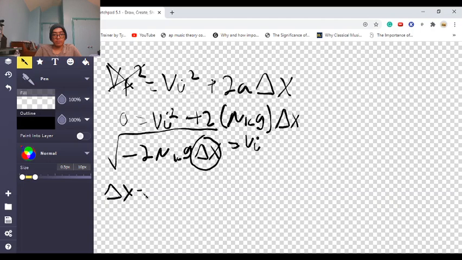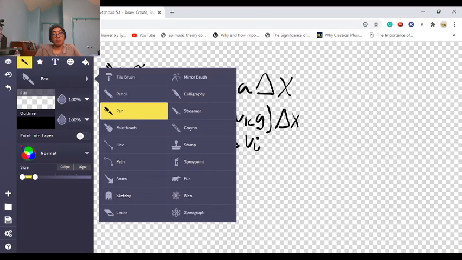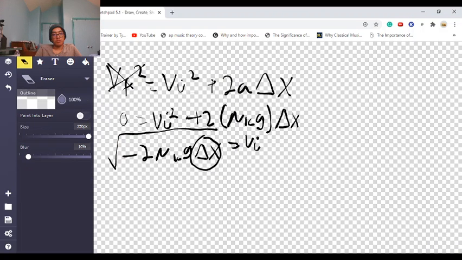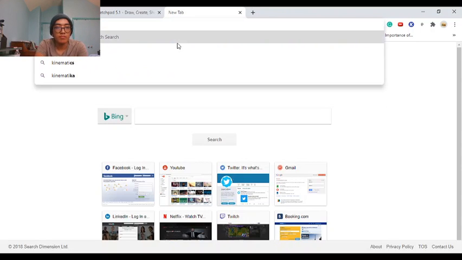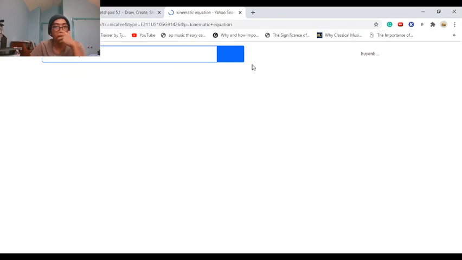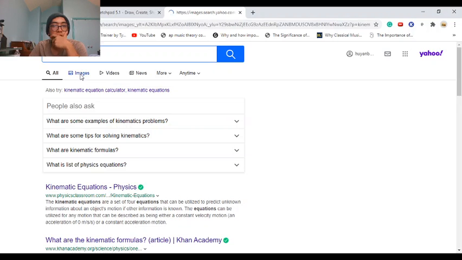So we know that displacement is going to equal Vxot. Actually, we can't use that. Okay, let me see what kind of equation we can use here. Kinematic equation.